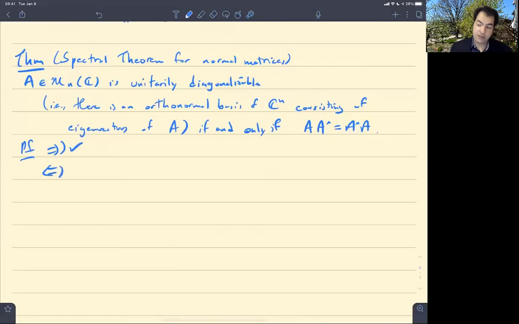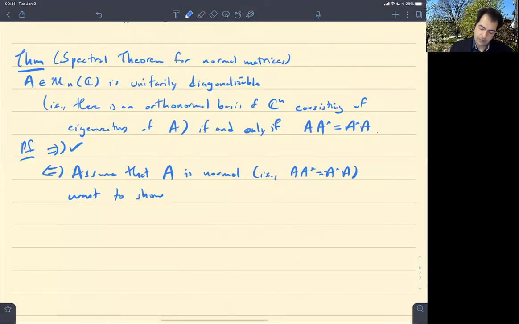So all that's left is to check the other way around, right? So we should assume that A is normal, that is, A commutes with its adjoint. Want to show A is unitarily diagonalizable.